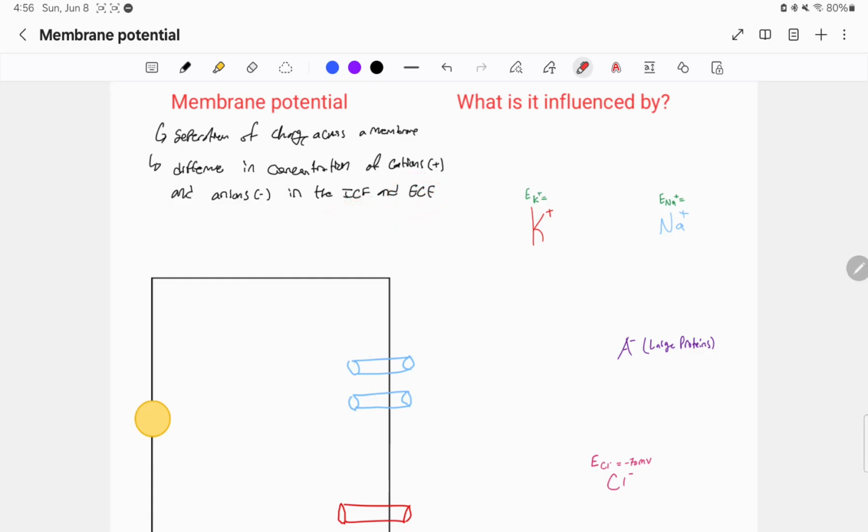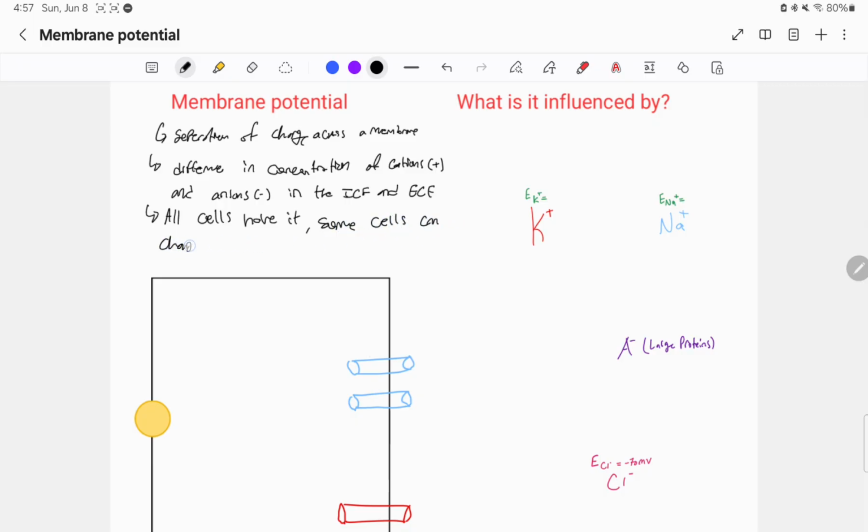Now, remember, this is really important. All cells have a membrane potential, and we'll talk about why and how they all have it. But only some cells can change it.